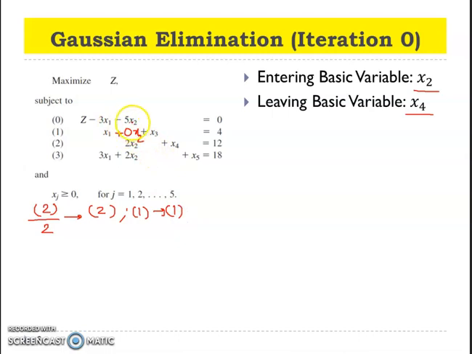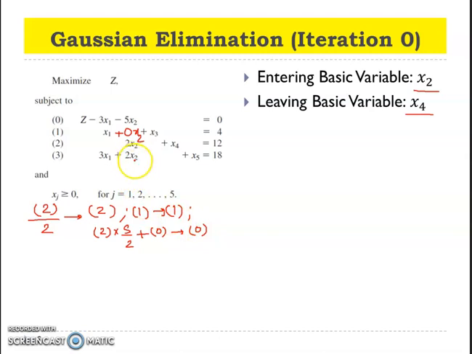Here you can see the coefficient of x2 is minus 5. So suppose we multiply this equation number 2 by 5 by 2 and then add it to the objective equation, then that will give you a new objective equation.